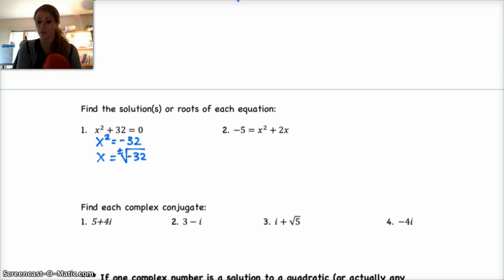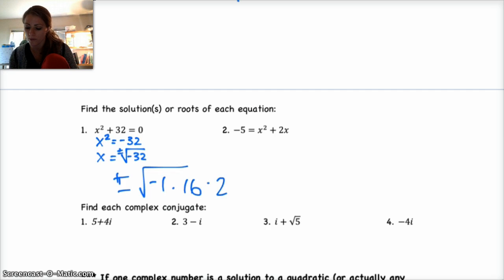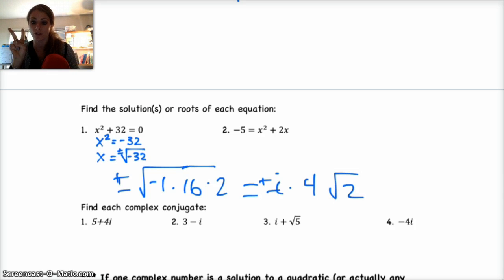So I know 32 is 16 times 2, so I'm going to rewrite that as plus or minus the square root of negative 1 times 16 times 2. Square root of negative 1 is just i. Square root of 16 is 4. And the square root of 2 can't be simplified, so you have to leave it as the square root of 2. And you get your plus or minus there. So you have 2 solutions to this equation.